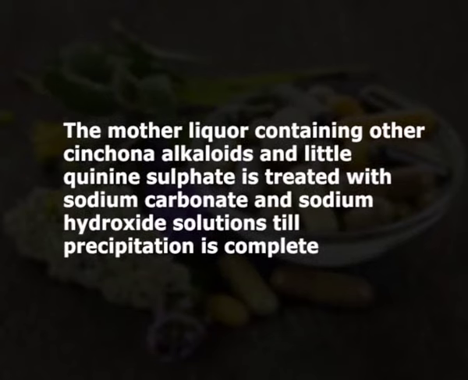The mother liquor containing other Cinchona alkaloids and a little quinine sulfate is treated with sodium carbonate and sodium hydroxide solutions till precipitation is complete. The mixture of alkaloids called Cinchona febrifuge is removed, washed with water, dried and powdered.